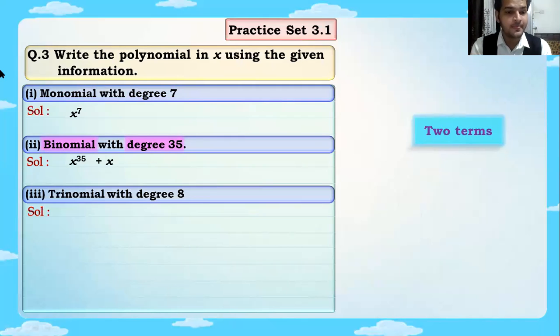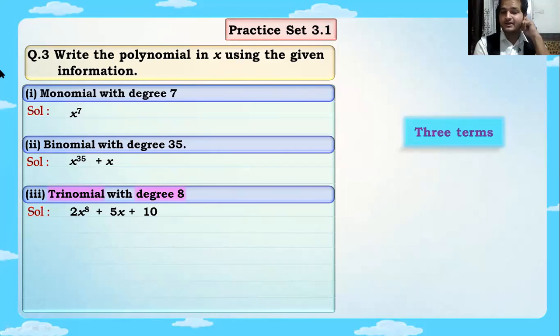And third one, a trinomial with degree 8. Trinomial means three terms with the highest power of 8. So 2x raised to 8 plus 5x plus 10, that was also done. Remember, when you have degree 35, degree 8, the highest power of the variable should be according to the question, that is 35 or 8 as per the question. So this we have discussed.